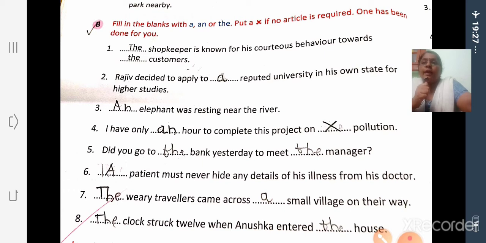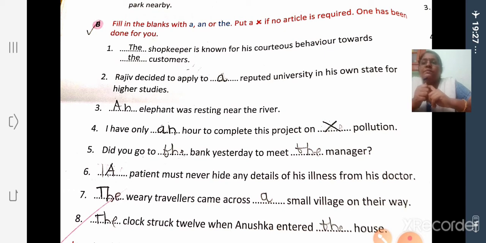So you have to fill in the blanks using a, an or the. But in some places there is no need of an article, then you have to put a cross mark there. The shopkeeper is known for his courteous behavior towards the customers.